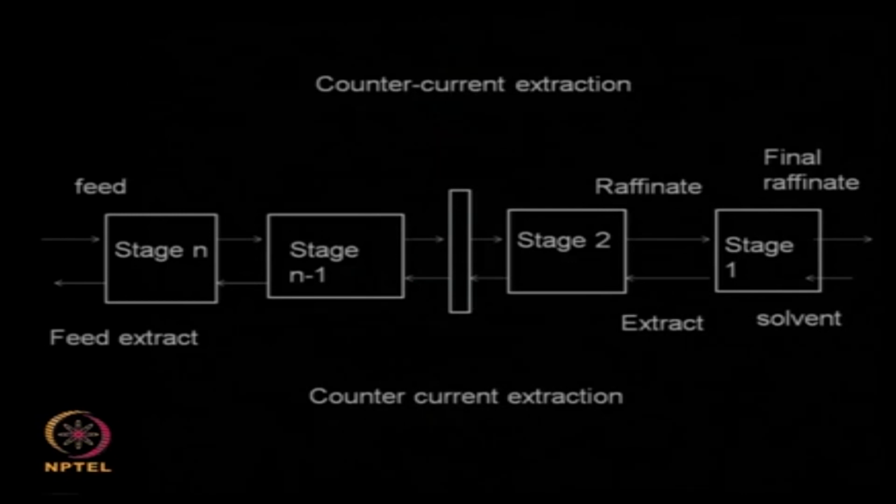You are going to have n stages in this particular design, and that is why it is called an n stage counter current design. Again the advantage is you are not adding any fresh solvent in this particular case.